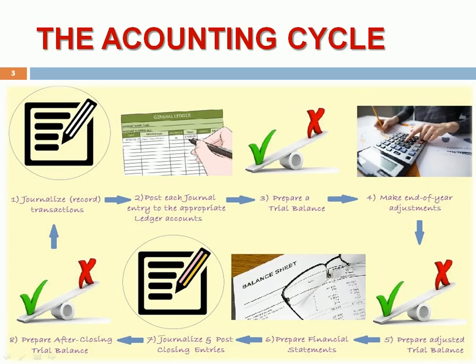After that, we prepare adjusted trial balance, and in the sixth step, we prepare financial statements, which includes income statement, balance sheets, etc. In the seventh step, we journalize and post closing entries, and in the last, we prepare after closing trial balance. And after that, the whole process continues, and it is accounting cycle.